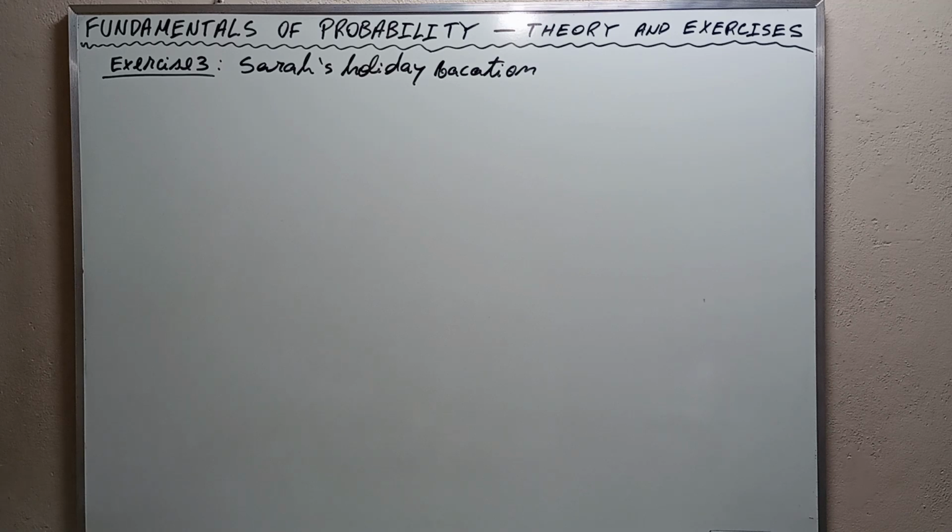If the probability of her liking book 1 is 0.5, the probability of her liking book 2 is 0.4, and the probability of her liking both books is 0.3, what is the probability that she will like neither book? What do we want? We want to have an estimate of the probability of her liking neither book, okay?